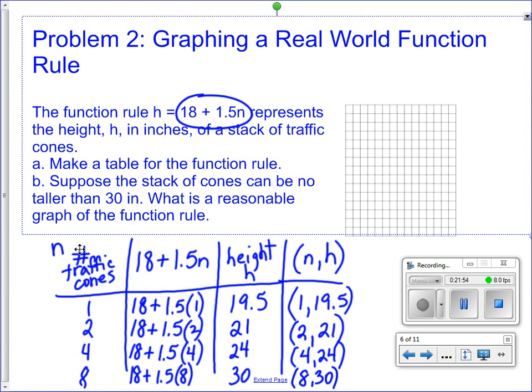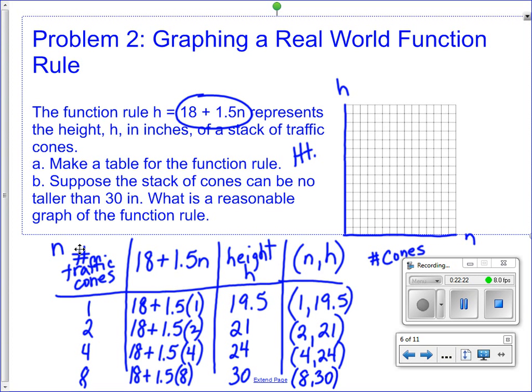Okay, so let's graph this. On the bottom would be the number of cones, which is our independent variable, N. I'll draw my axis right here, and my axis here, which would be H. Okay. Along the side, we have the height. I'm going to abbreviate since I don't have a lot of room here.